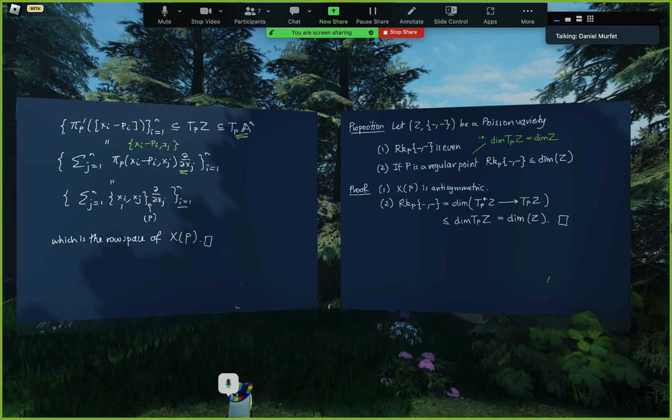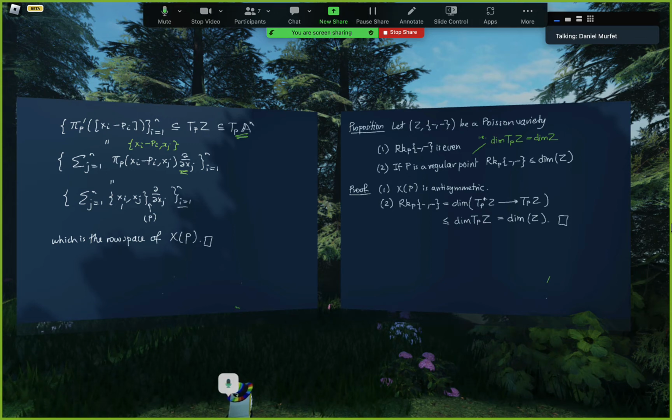Okay, so this last point here, if I just talk about the rank of XP, well, XP has as many rows and columns as there are variables, right? It's an n by n matrix. So it's not automatic that I can see from that that its rank is bounded above by the dimension of Z, which of course depends on I, how many things I cut out of that affine space, AN.